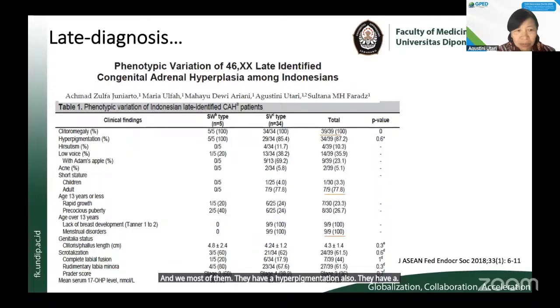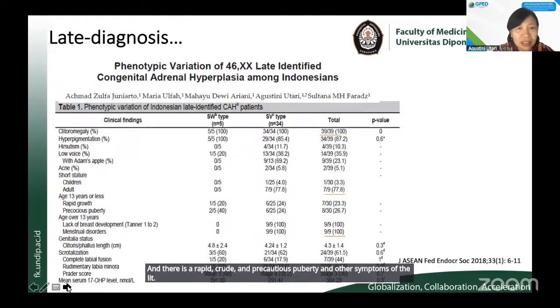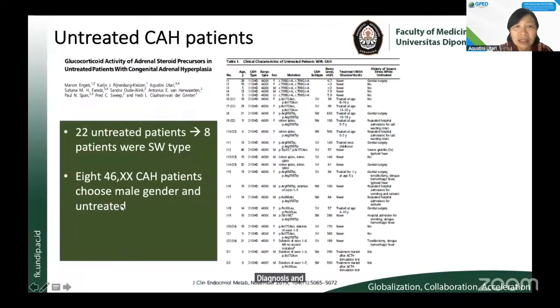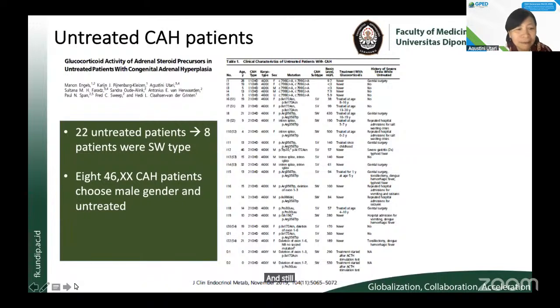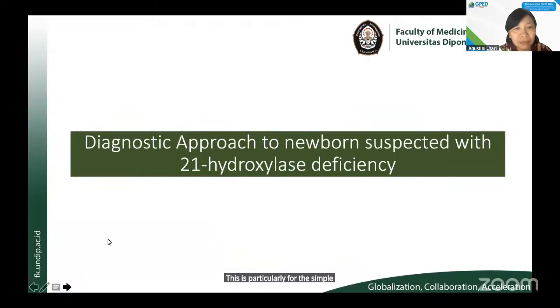Some of them also have short stature in adulthood, and there is rapid growth and precocious puberty and other symptoms of late diagnosis. And we also still have untreated patients, and some of them even choose male gender and remain without treatment. This is particularly for the simple virilizing form.